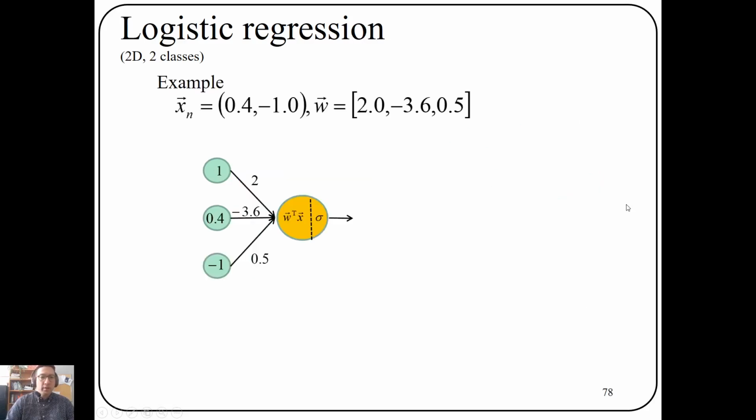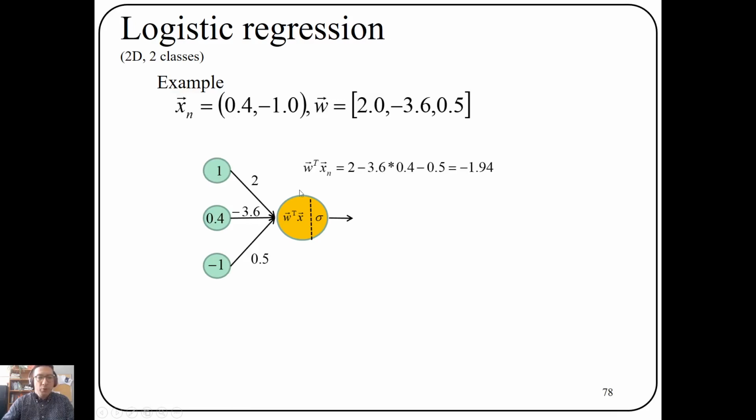Now let's look at an actual example where the vector W, the vector of parameters, contains 2, minus 3.6, and 0.5, and X is some point in the 2D feature space, and 1 is the bias.